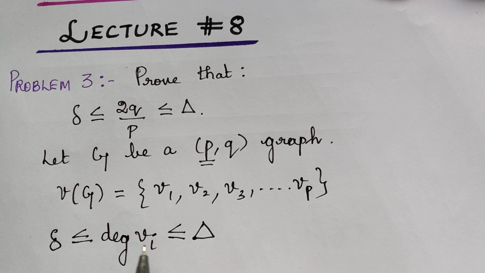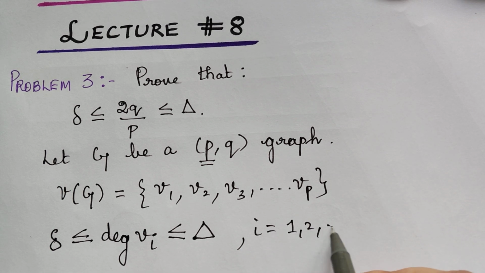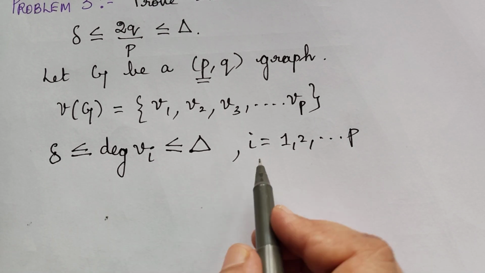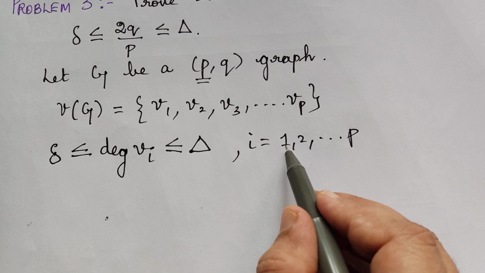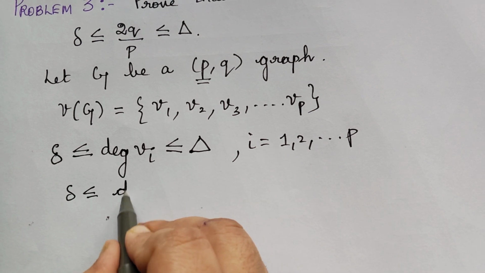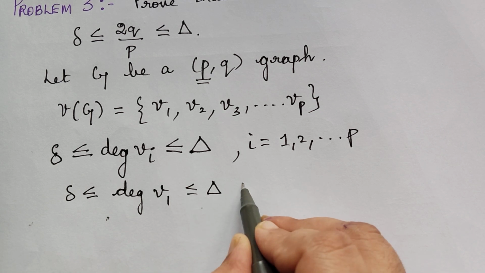If you take any vertex Vi where the value of i will be from 1, 2, etc. up to p, which means V1, V2, etc. up to Vp. So for example, if i is 1, delta will be lesser than or equal to degree of V1, which is lesser than or equal to capital delta.